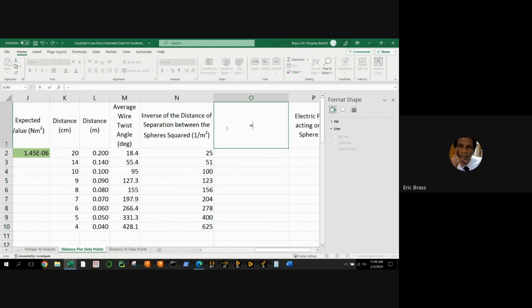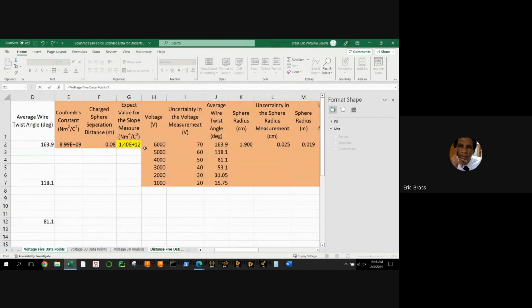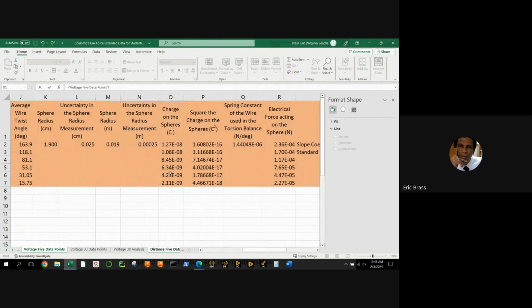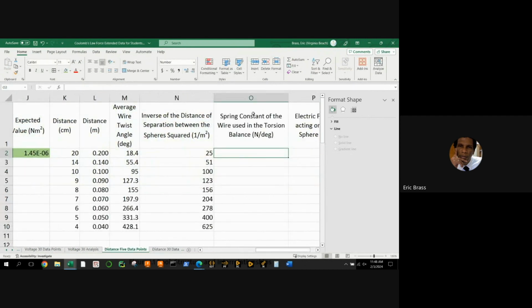So I'm going to say that this is going to be equal to, where's our K? There it is. Spring constant.